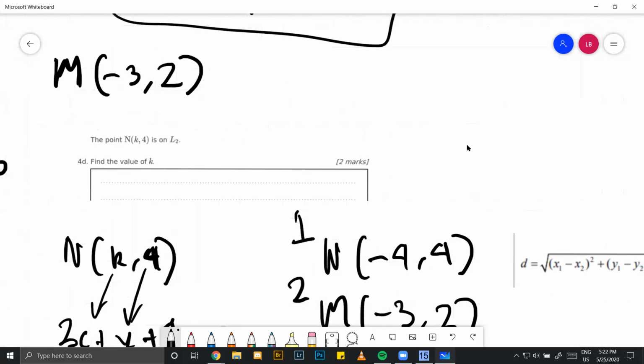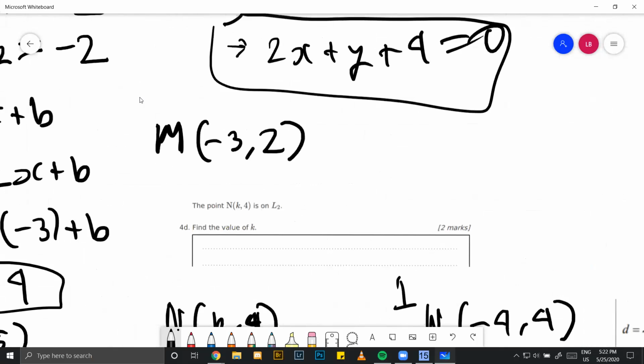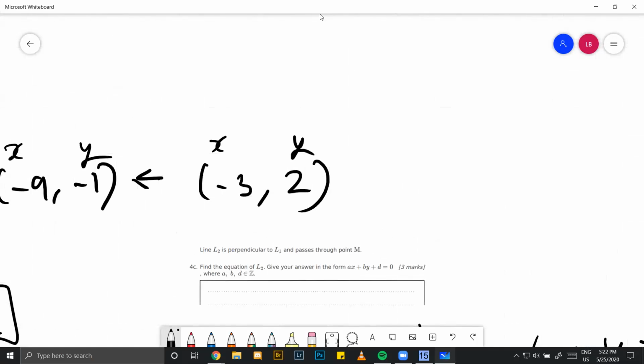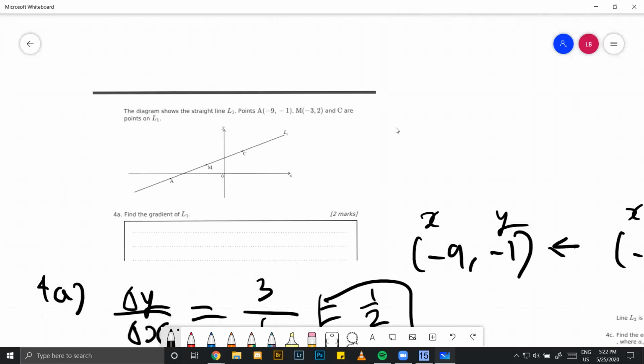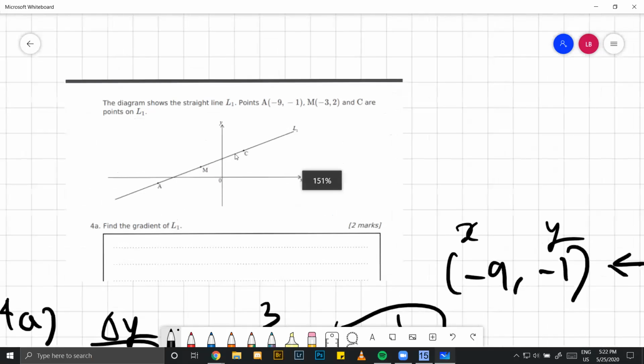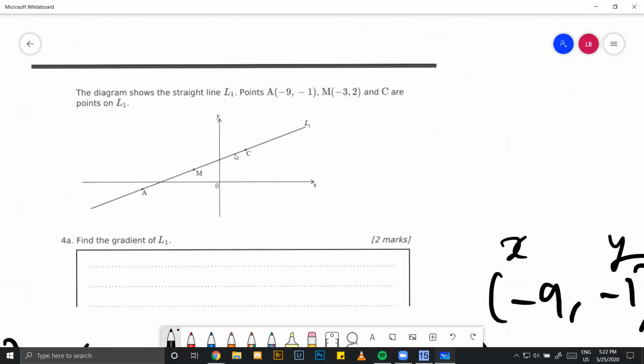That's at negative 4, 4. And L2 is a line that passes through M. Okay, so I'm going to draw L2 first. L2 is a line that is perpendicular to L1, so it's going to look like that. I'm bad at drawing, but this is what L2 looks like.